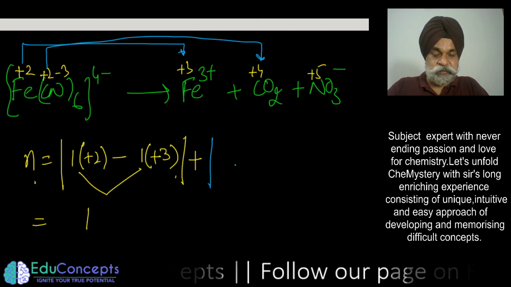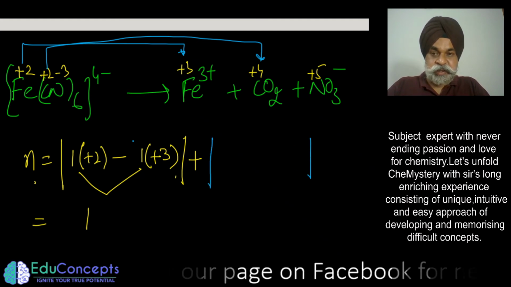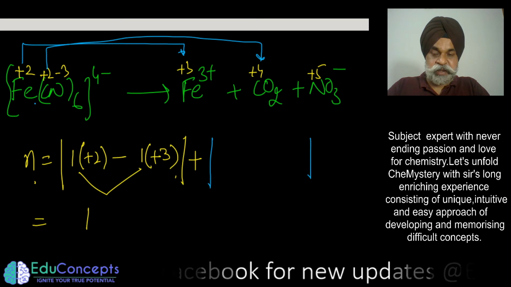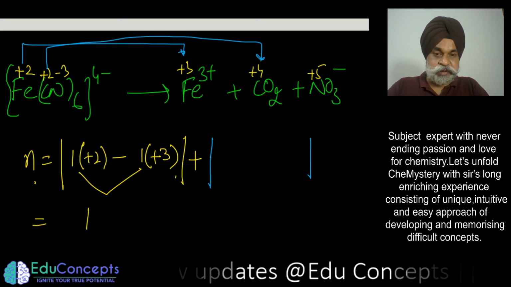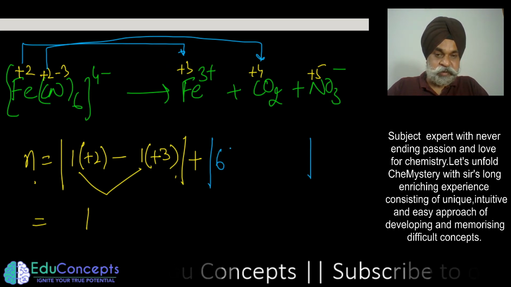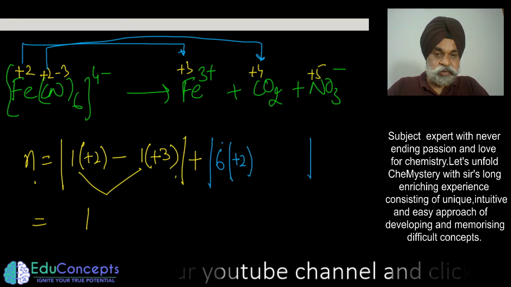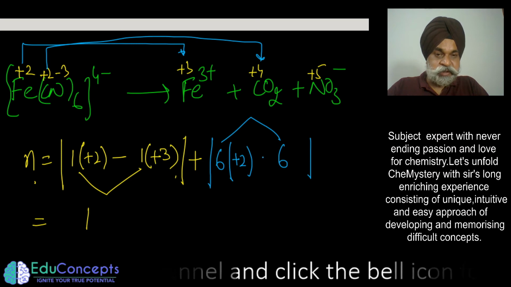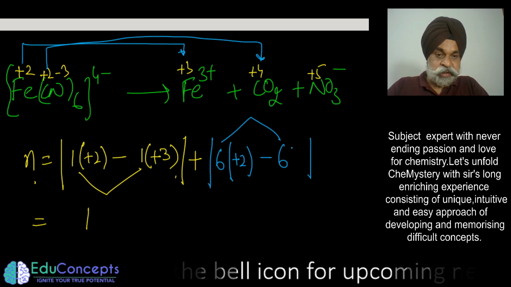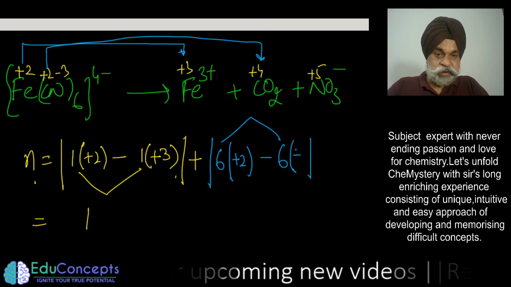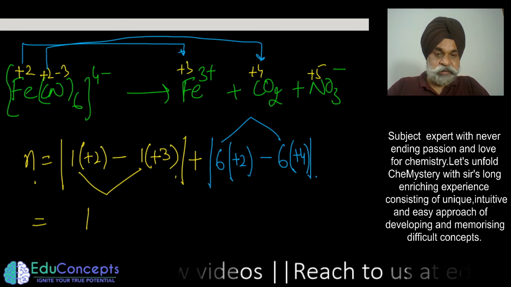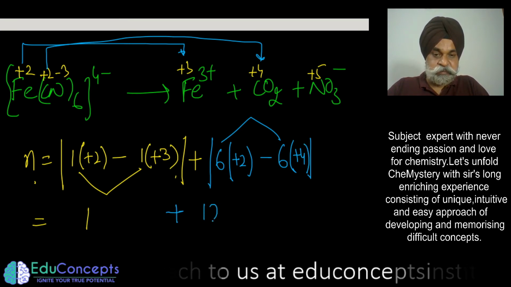You have to see how many carbons per mole of this compound. There are 6 carbon atoms per mole, and all 6 have plus 2 oxidation state. All 6 would reach the product while balancing, and would have oxidation state plus 4. So here it comes out to be plus 12.